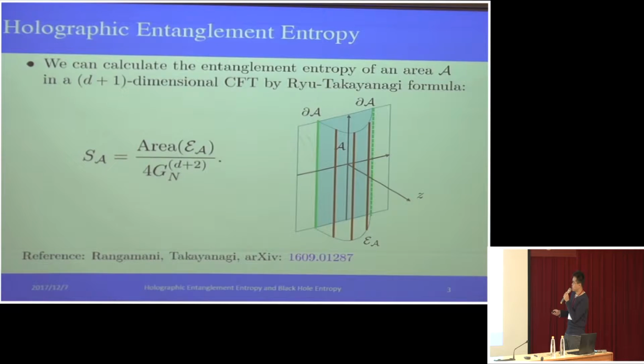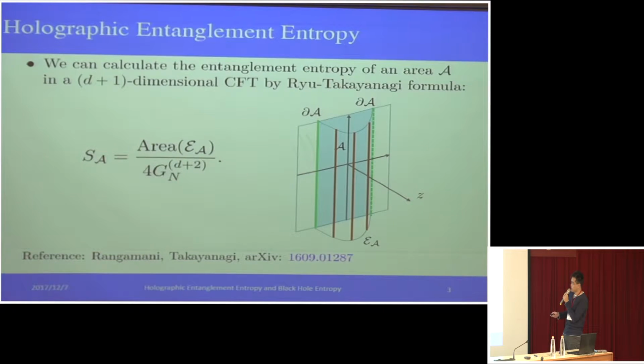On this area, I have the entangling surface, partial A. And this area epsilon A means there's a minimal surface epsilon A in the bulk, in the ADS spacetime, and on this conformal boundary, it coincides with this entangling surface.